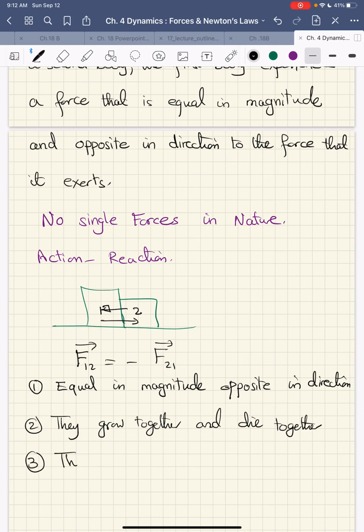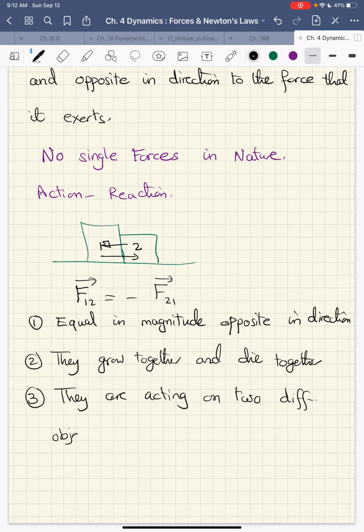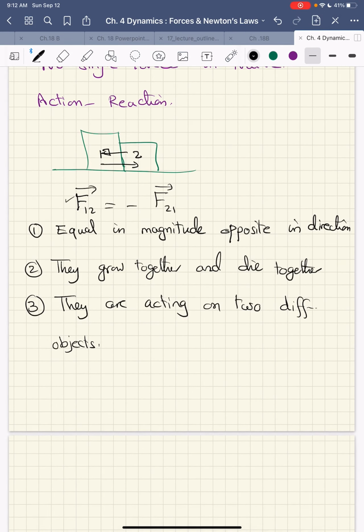Now, they are acting on two different objects. As in the figure here, the first force is acting on 2 from 1, and the other one is acting on 1 from 2.